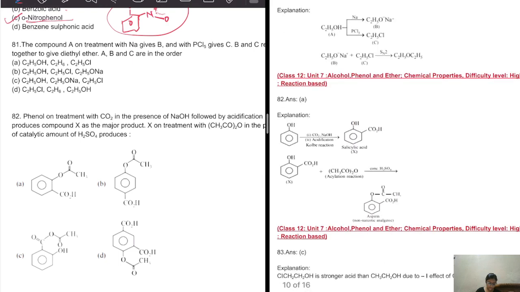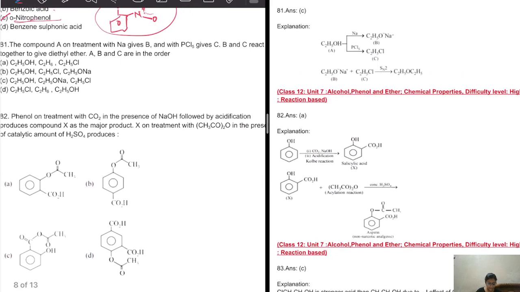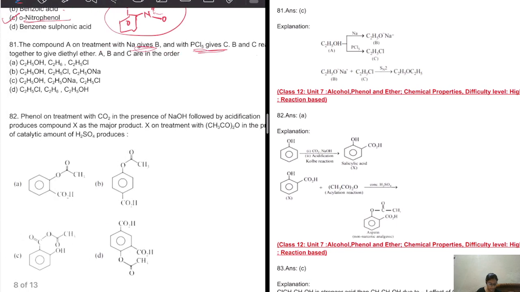Now let's see the next question. The compound A on treatment with Na gives B and with PCl5 it gives C. B and C together give diethyl ether. A, B and C are? Let's see.